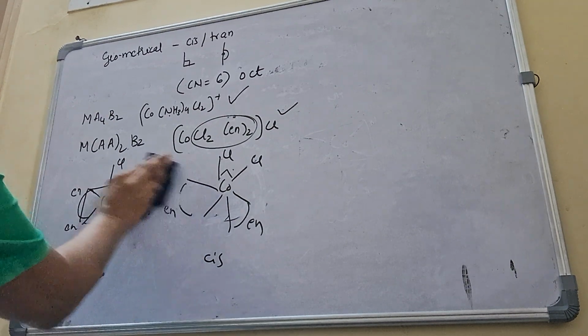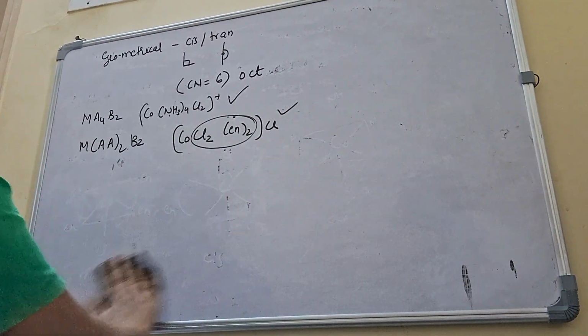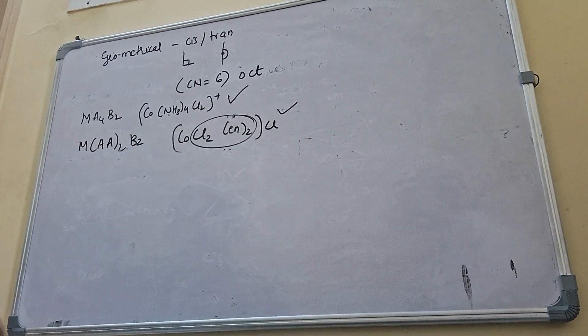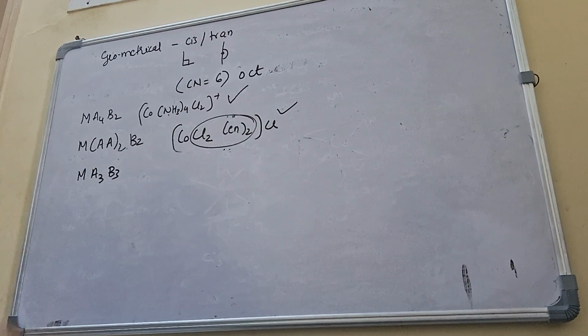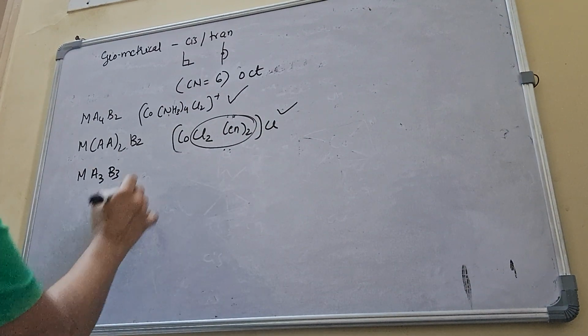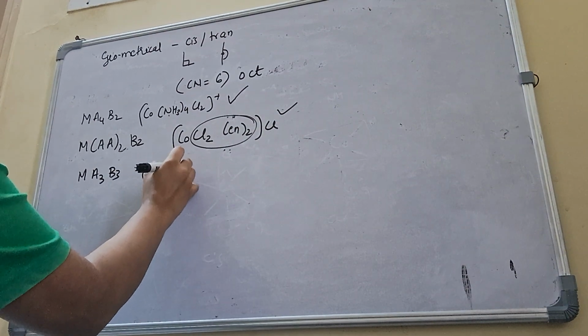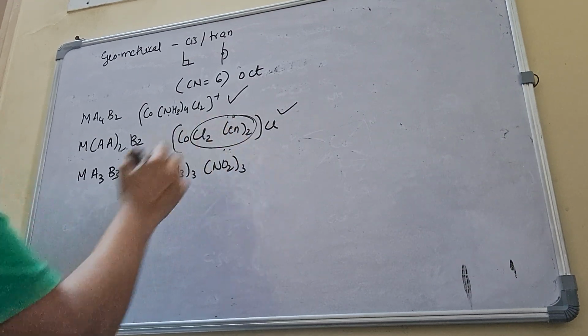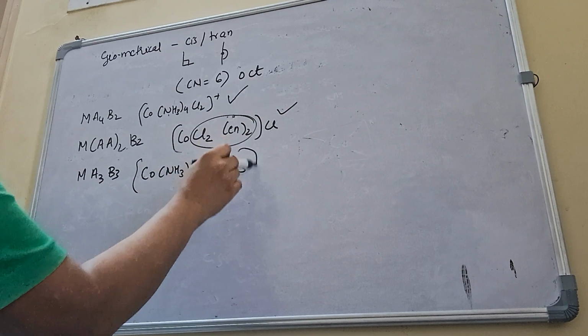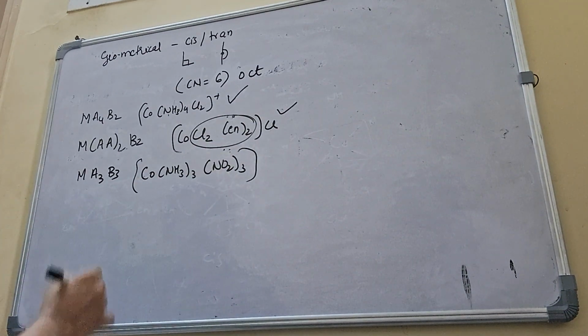So this definitely shows. And the last type here is A3B3, geometrical isomerism for MA3B3. Okay. Like in the case of Co(NH3)3(NO2)3. Okay, so if you have something like this, what will the arrangement be? Now, look at that.